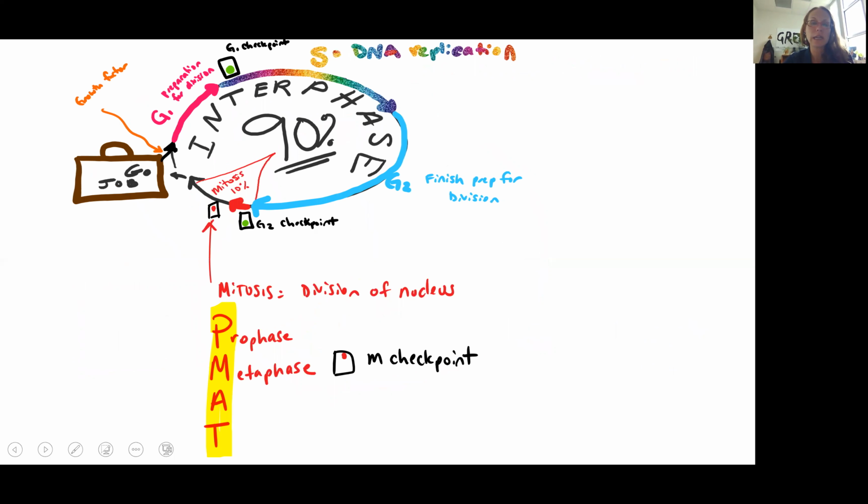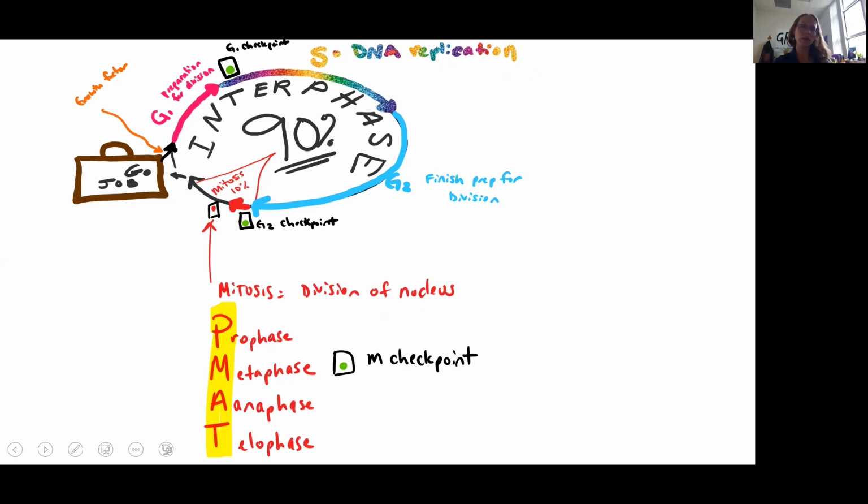Mitosis can be divided into 4 phases. So we have what's called prophase and metaphase to begin. Now, at the end of metaphase, we have another checkpoint. This is the M checkpoint. It's at this point that the cell has to, again, show that every step has been followed, and then it gets the green light, and it finishes up anaphase and telophase.